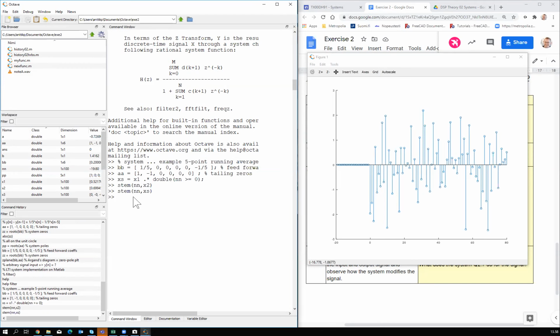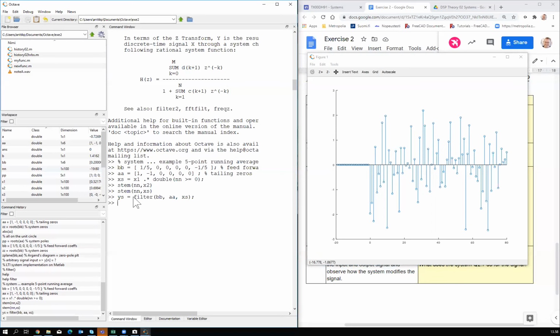So, okay, how to do it? ys equals filter BB AA xs. That's my output. Let me see if I can stem it here with different color.